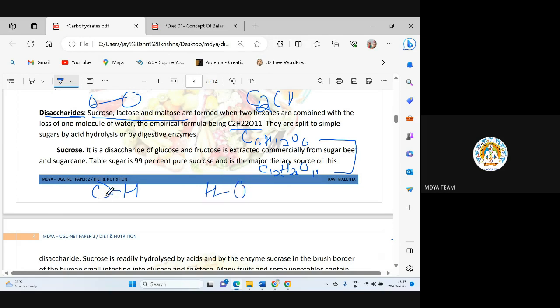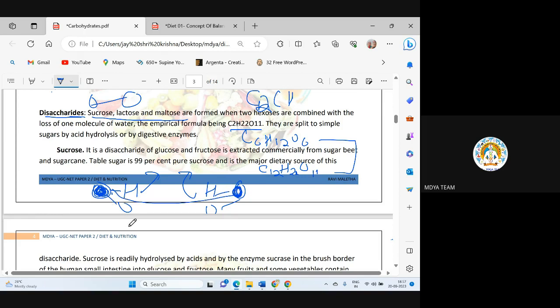Hydrogen and oxygen are linked to this, and this is another monosaccharide. When there will be bond formation, these hydrogens will leave the monosaccharide, and the monosaccharides will be directly linked to each other.